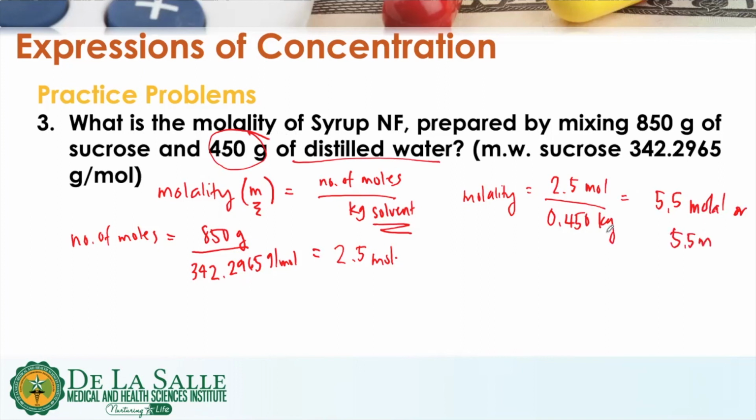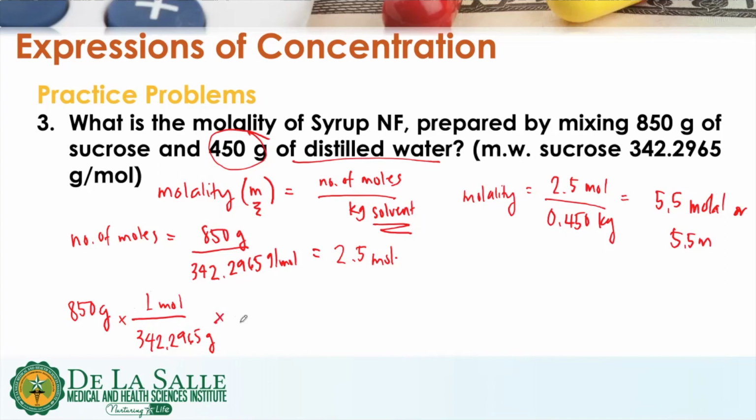Of course, we can also use dimensional analysis to be able to calculate the molality of the solution. So we begin with the weight of the sucrose, 850 grams. We multiply to it the inverse of the molecular weight. 1 mole of sucrose weighs 342.2965 grams.